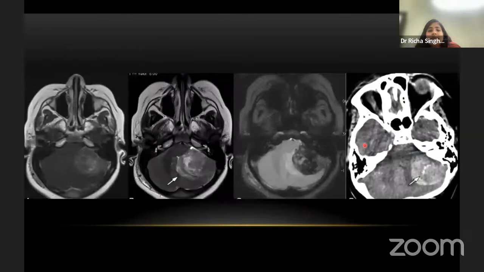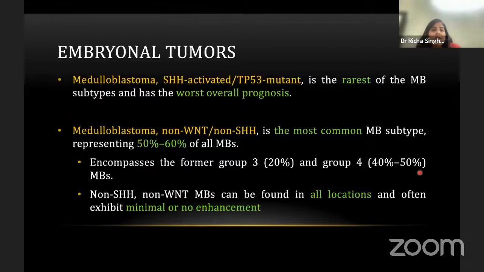And here is an example: a left cerebellar hemispheric lesion, a large, heterogeneous lesion, typically showing all the features of a medulloblastoma, intense enhancement, areas of hypointensity on T2 because of cellularity as well as because of blood. There is a lot of blood on SWI, and we can see the hyperdensity on the CT. So it's a SHH activated medulloblastoma.